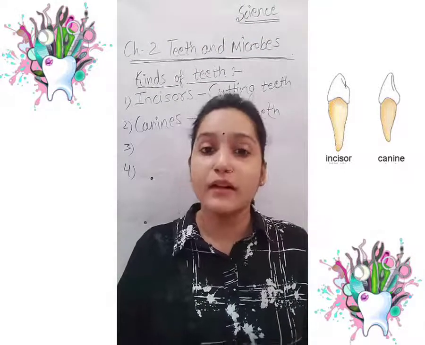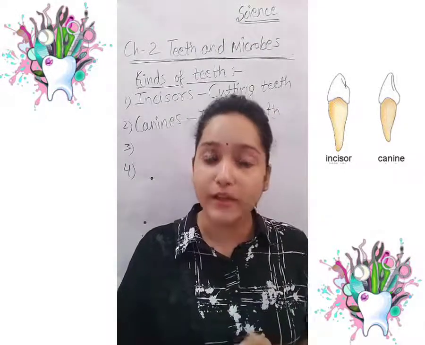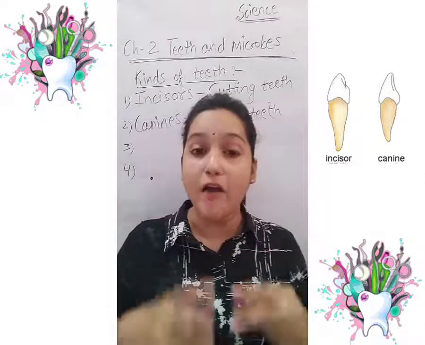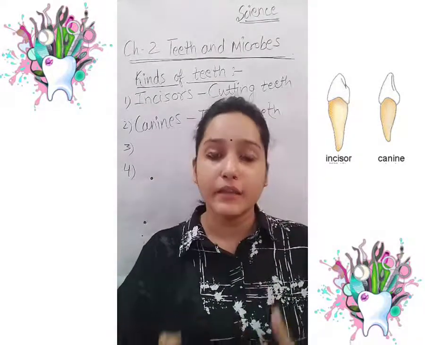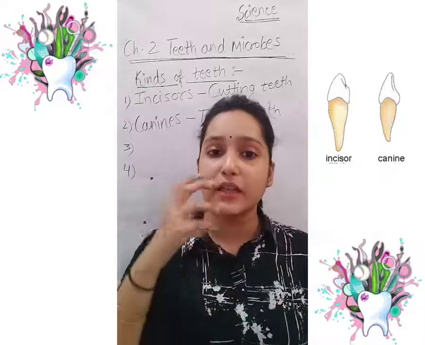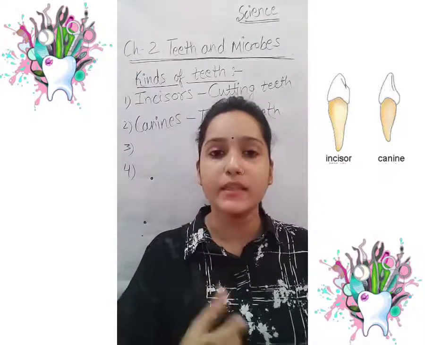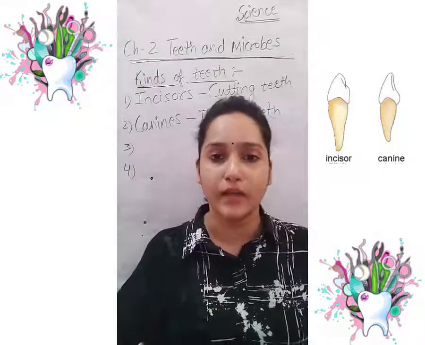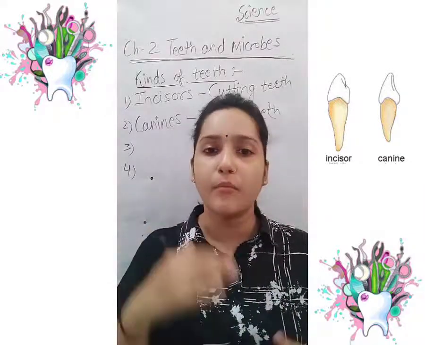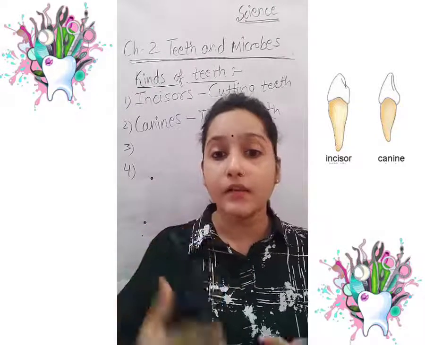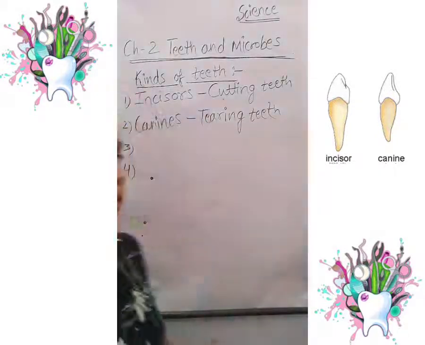The flesh-eating animals have bigger and sharper canines inside their mouth. Canines are sharp and pointed teeth which help to tear the food item, and we all have 4 canines inside our mouth collectively in the upper and lower jaws.